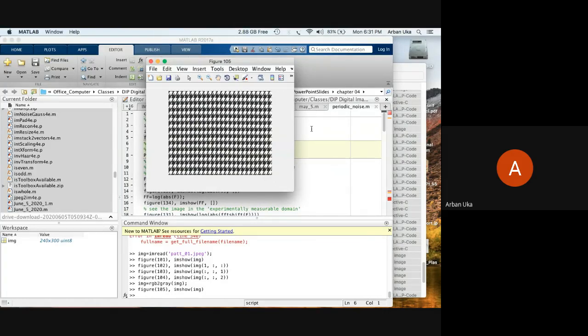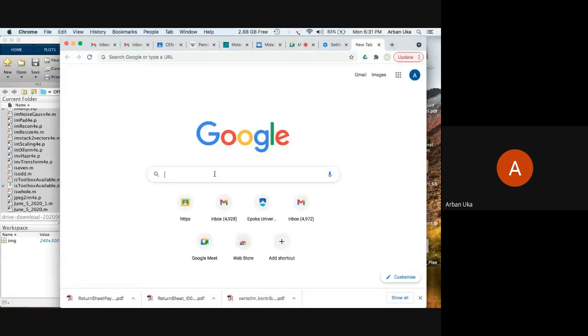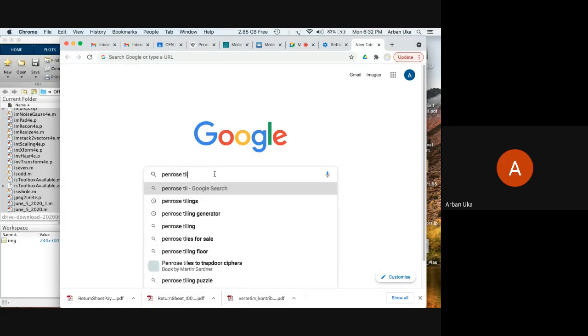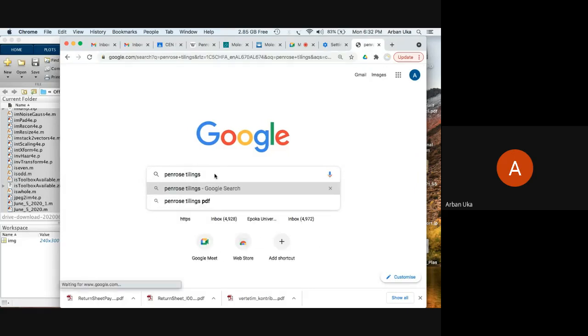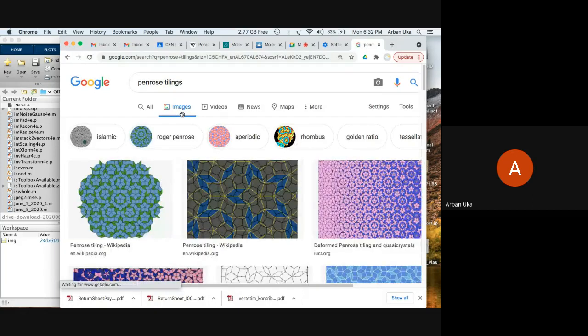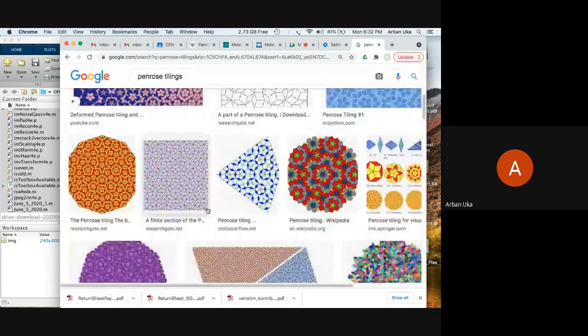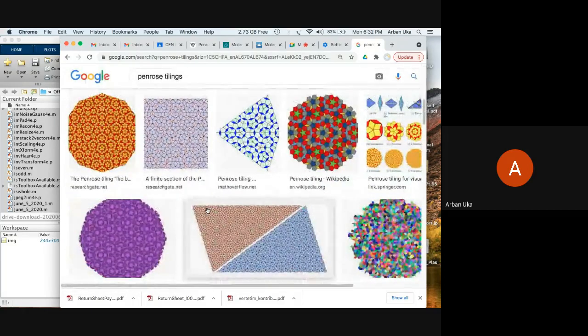What is special about this image is that we see some periodic features. And when it comes to periodic features, one of the features which I like the most are these Penrose tilings. I sometimes give a homework with you working on Penrose tilings. These are tilings or structures which have specific patterns.